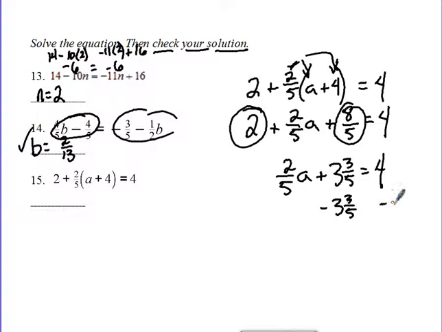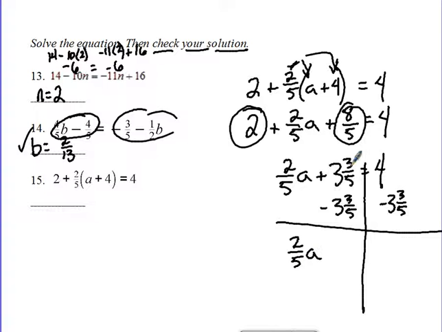So if we subtract 3 and 3/5 on one side of our equation, we've got to subtract 3 and 3/5 on the other side of the equation. And we have 2/5 a, and anything minus itself is 0, so 2/5 a plus 0, and 4 minus 3 and 3/5 is going to be 2/5.